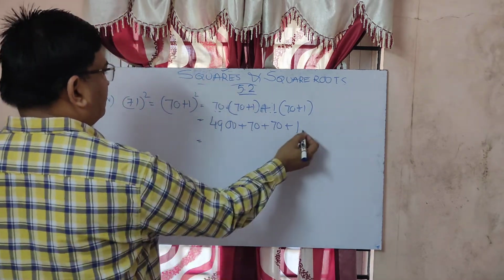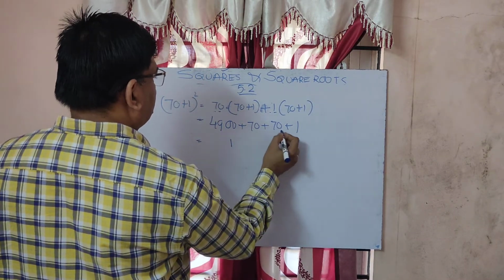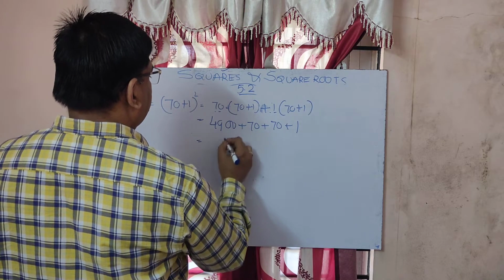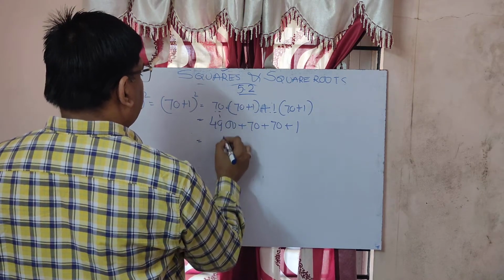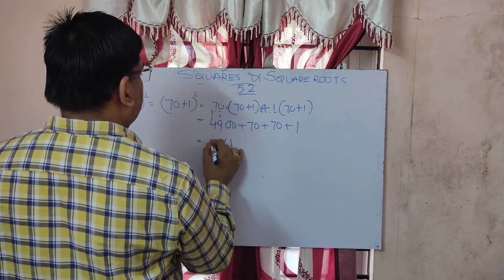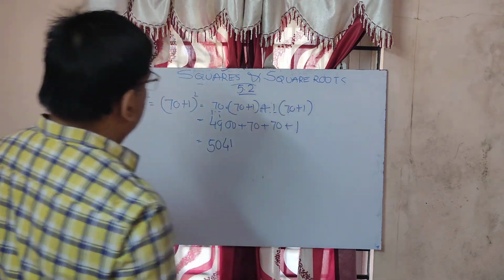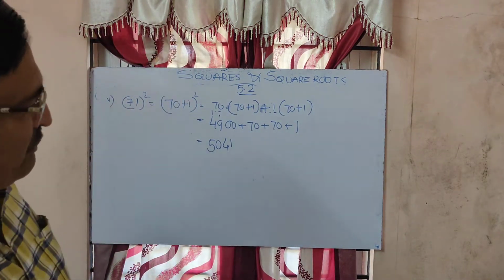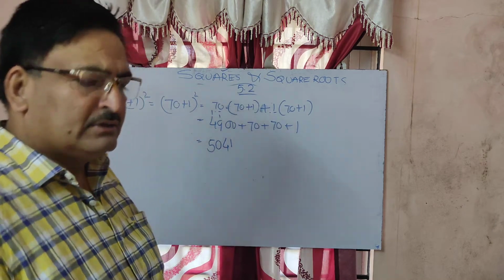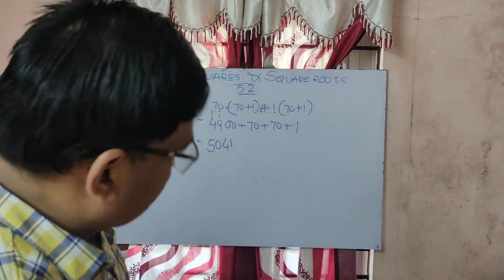So 49 into 1 as it is 1. 7 7 14, carry 1. 9 plus 1 10, carry 1. 5041. So 5041. This is the way you can solve this example.